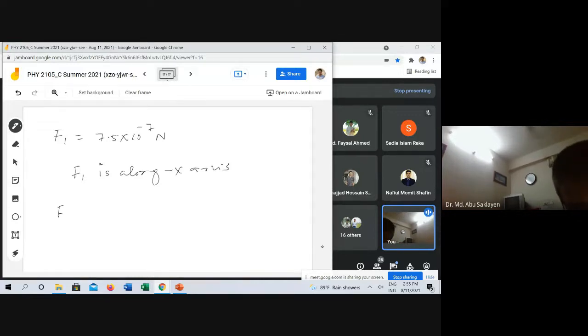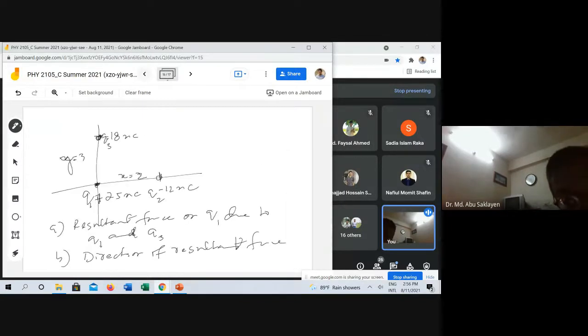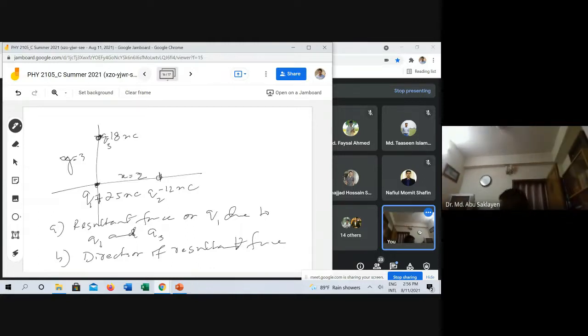And now tell me F2, it is 5 into 10 to the power minus 7 Newton. What is the direction now? Now tell me what is the direction of F2?